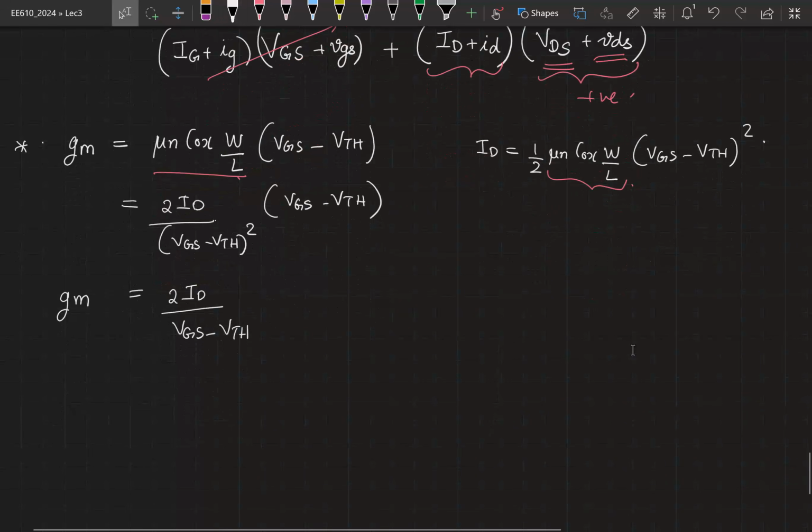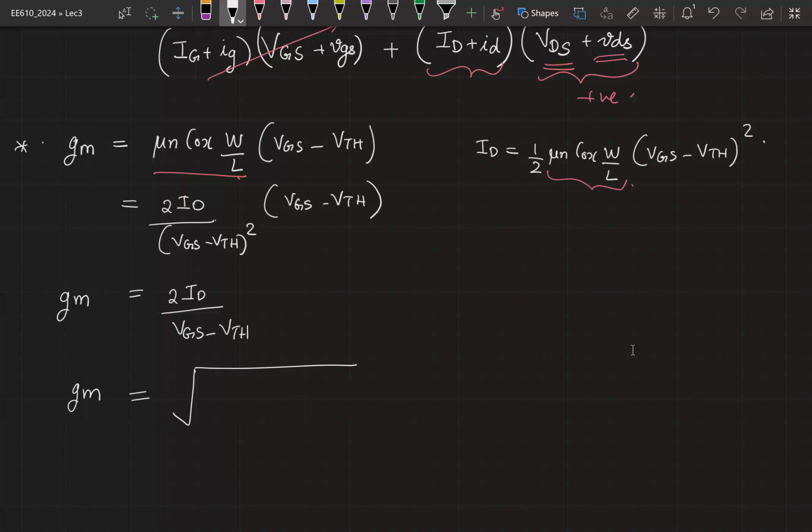So now in the same expression, instead of replacing mu n COX W by L, replace VGS minus VTH. What do you get? Yeah. So this would be root of 2ID by mu n COX W by L, I'm simply finding an expression for VGS minus VTH.